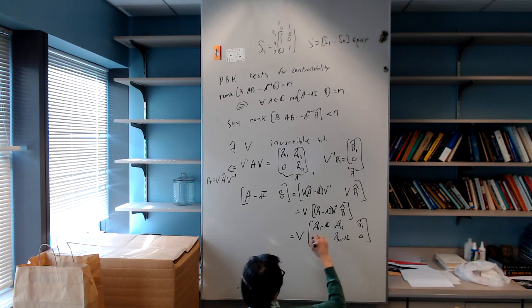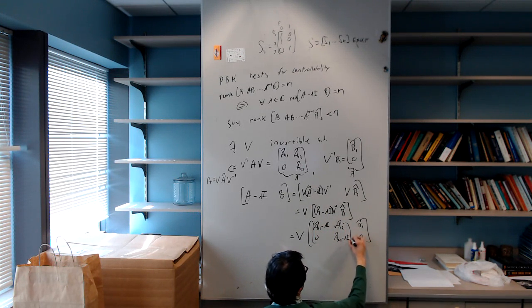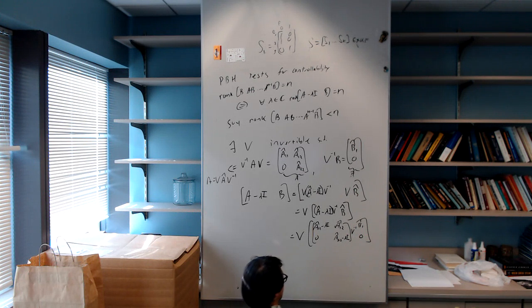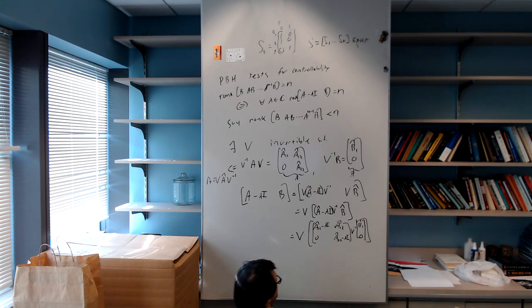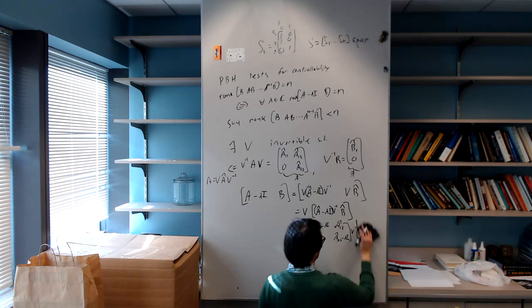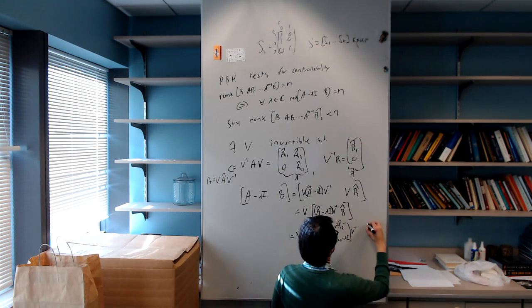That's just plugging in what these guys are. Quantity B inverse, just regrouping the terms here. All right, let me write that a little bit more neatly. B hat 1, 0.